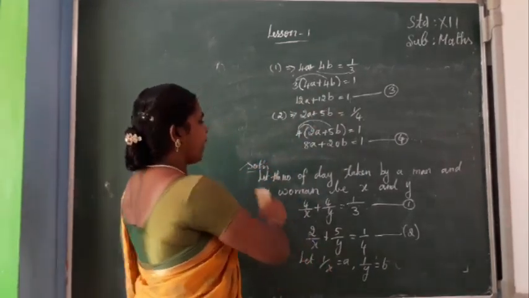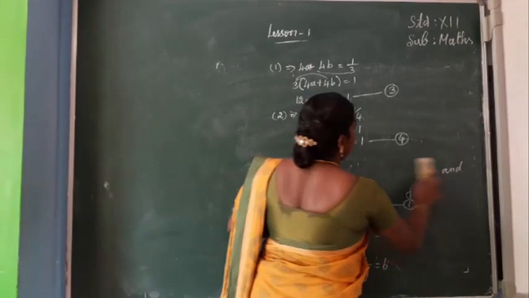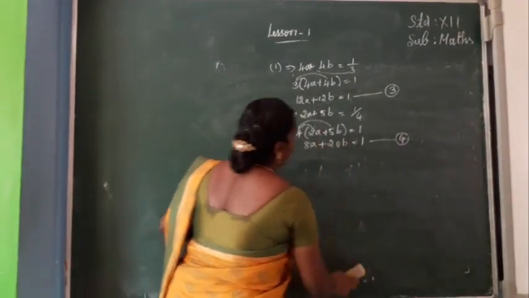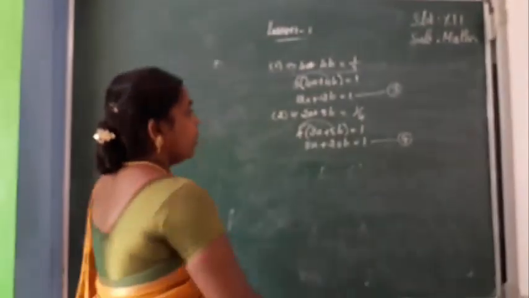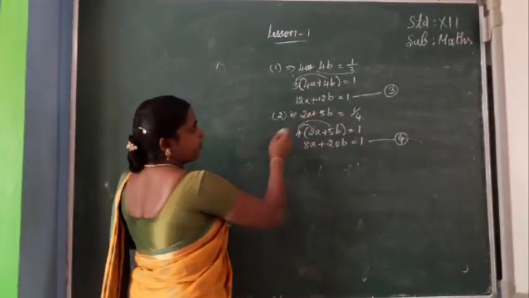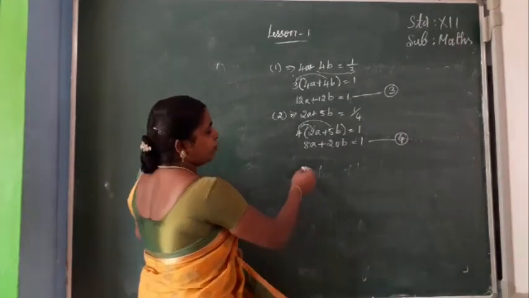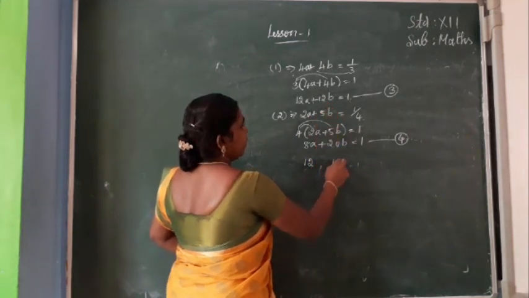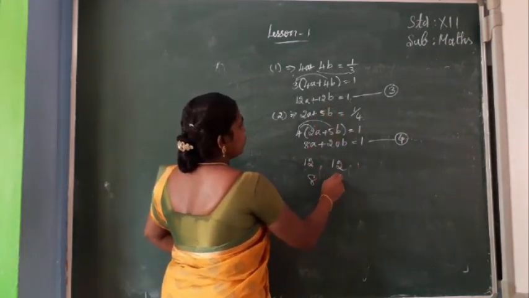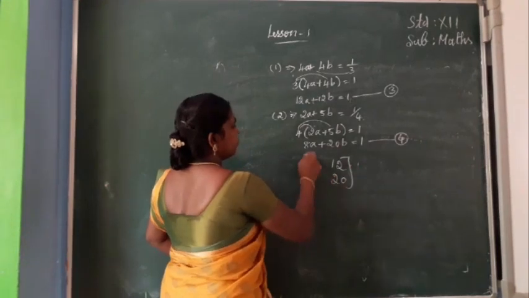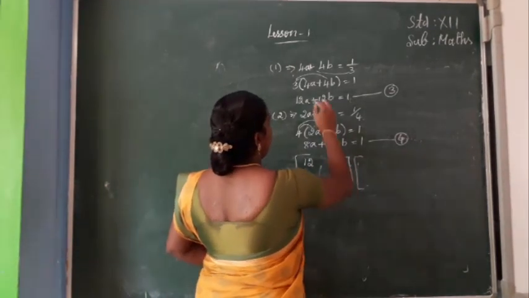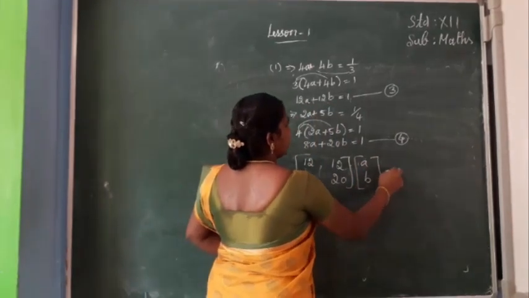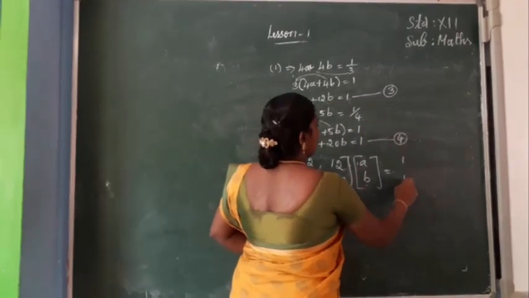Now we are going to use the matrix inversion method. First we will get the a and b values, and after getting them we want to find the unknowns x and y. Now we can write the two equations in the form AX equal to B. The first row is 12, 12, the next row is 8, 20, into the column (a, b), equal to the column (1, 1).